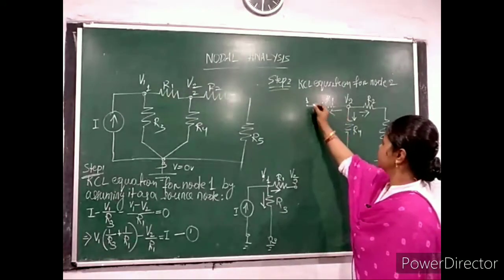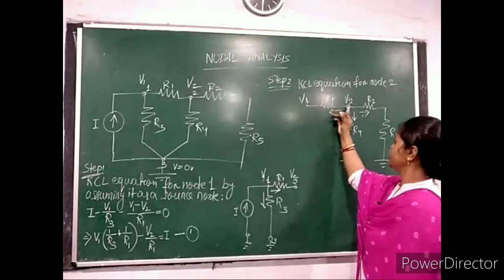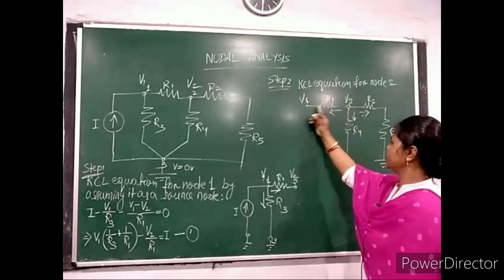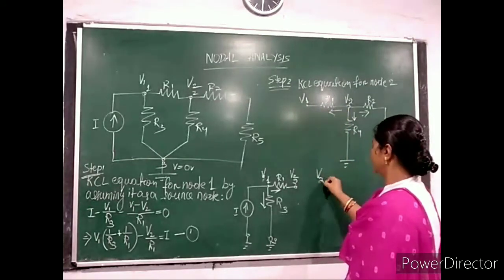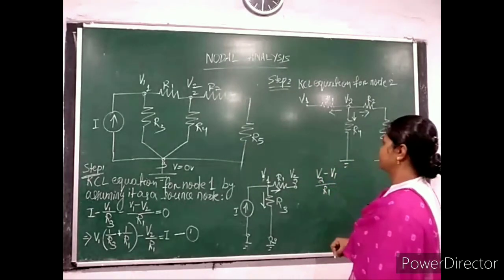This current, the potential here is V1. This current is the potential difference across R1 divided by its resistance. So the potential difference is V2 minus V1, V2 minus V1 by R1.